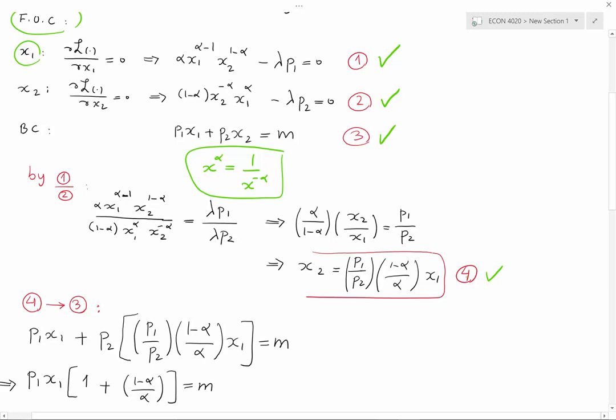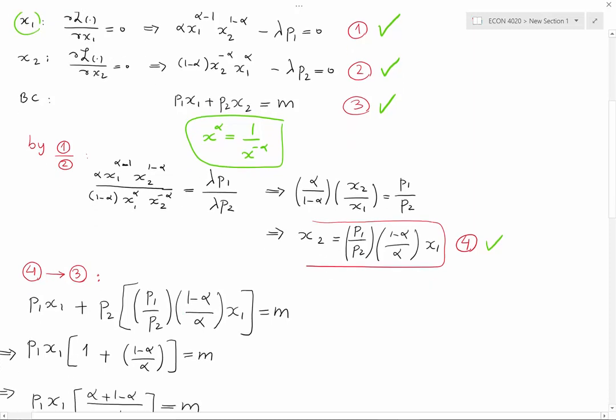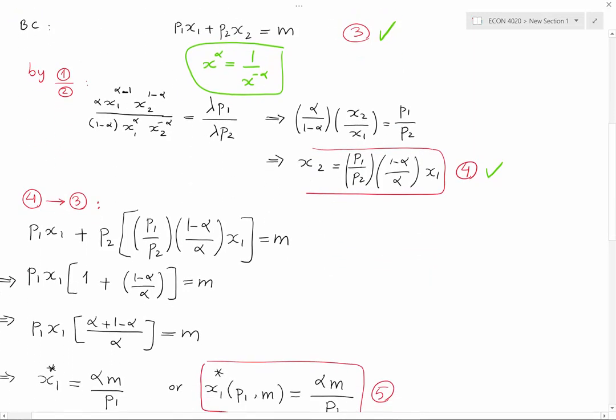If we substitute equation number 4 into equation number 3, we can get the demand for good 1. So substituting equation number 4 into equation number 3, we get p1 x1 plus p2 times the value of x2 here.